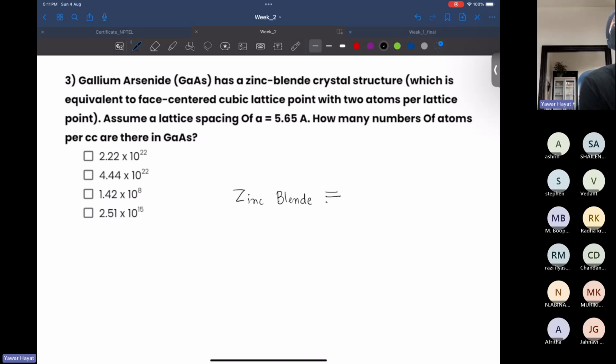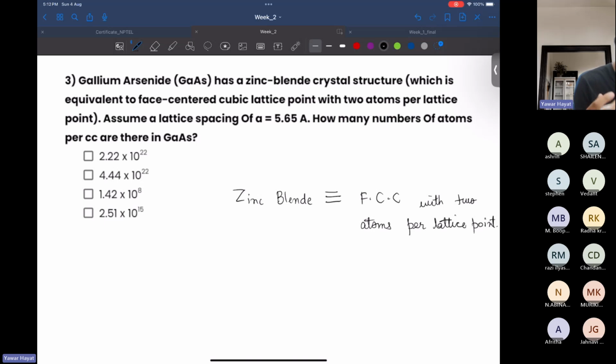Which is equivalent to an FCC with two atoms per lattice point. Okay, fine.